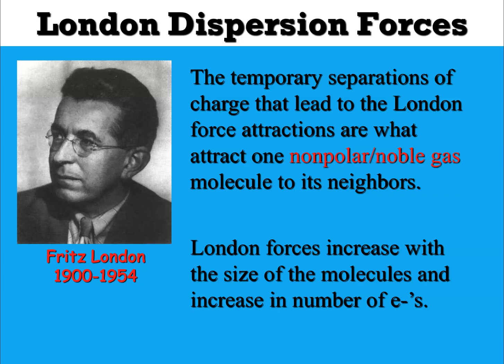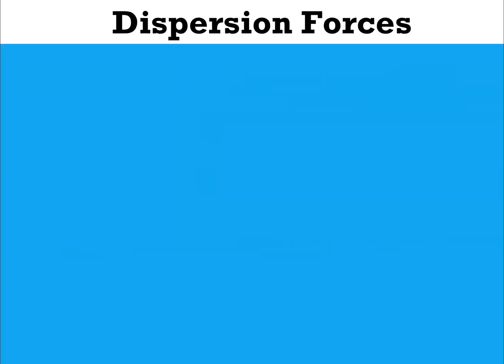As we said earlier, all nonpolar molecules and noble gases use London dispersion as their strongest IMF of attraction to hold them together, again, in the liquid and solid state. London forces, interestingly enough, increase with the size of the molecule and an increase in the number of electrons. More electrons you have, larger temporary dipole that can exist.